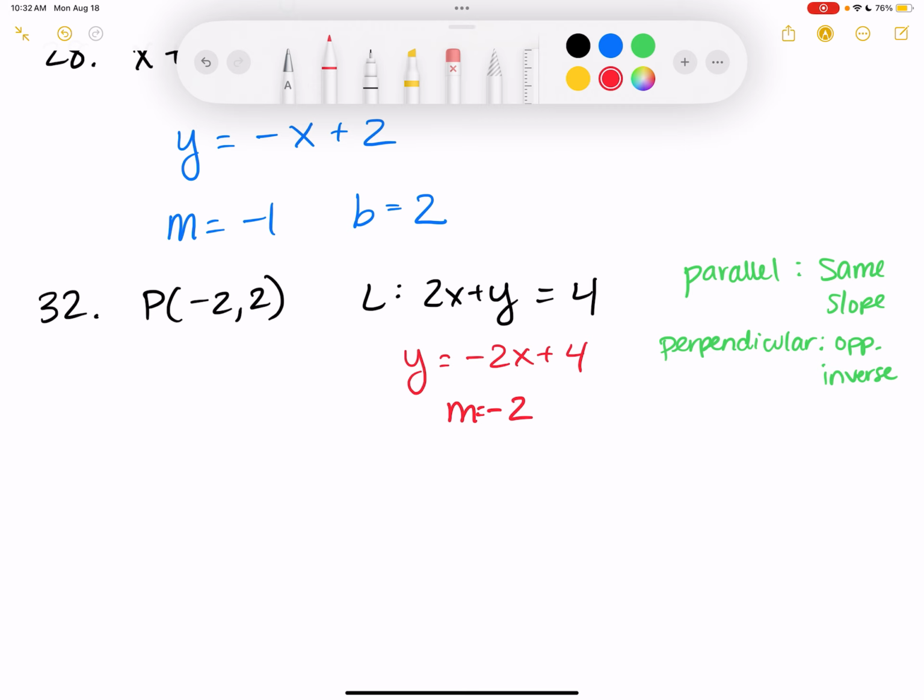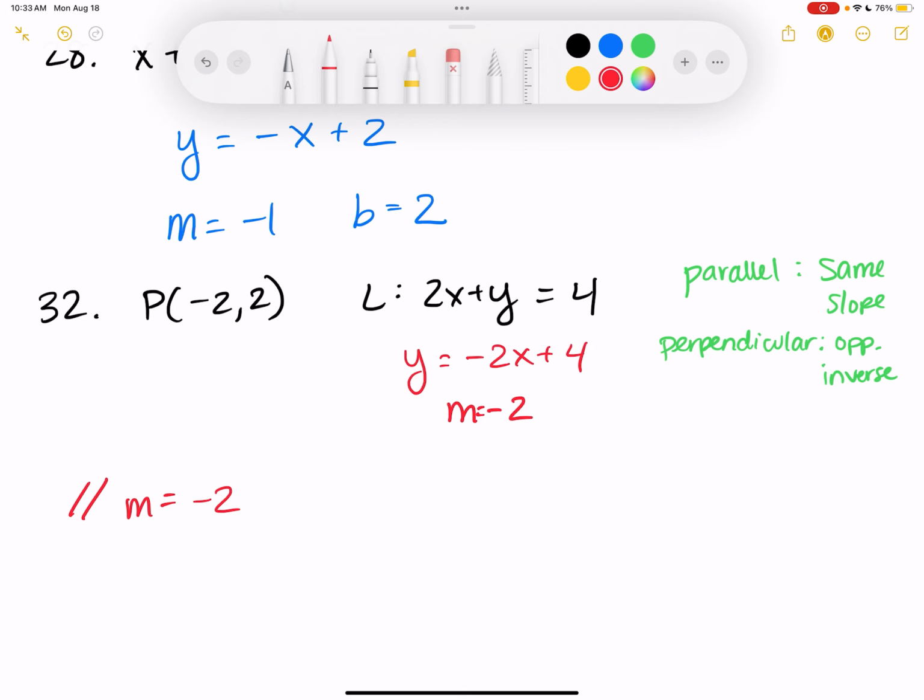So then when I'm going through and writing my equations of the lines, I'll be like, okay, the parallel slope would be the same thing, so that would be -2, and then I basically just write it in point slope form. If you want to convert it all the way to slope intercept, obviously you can.